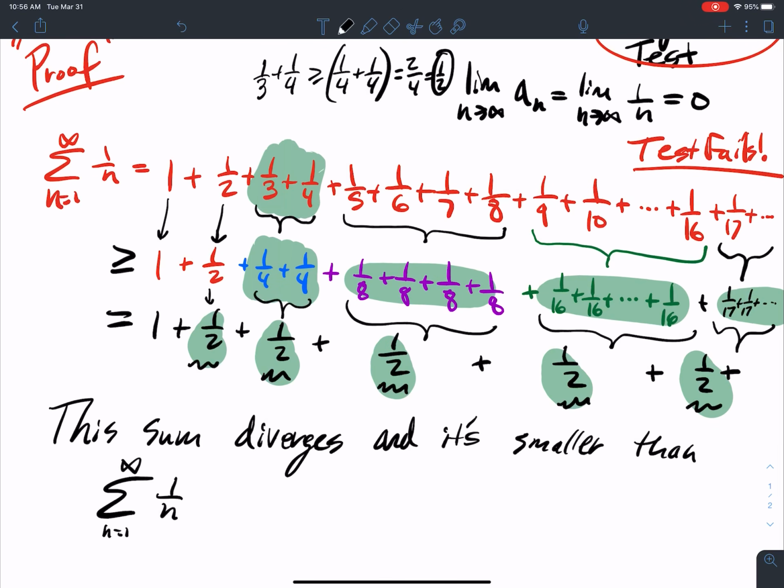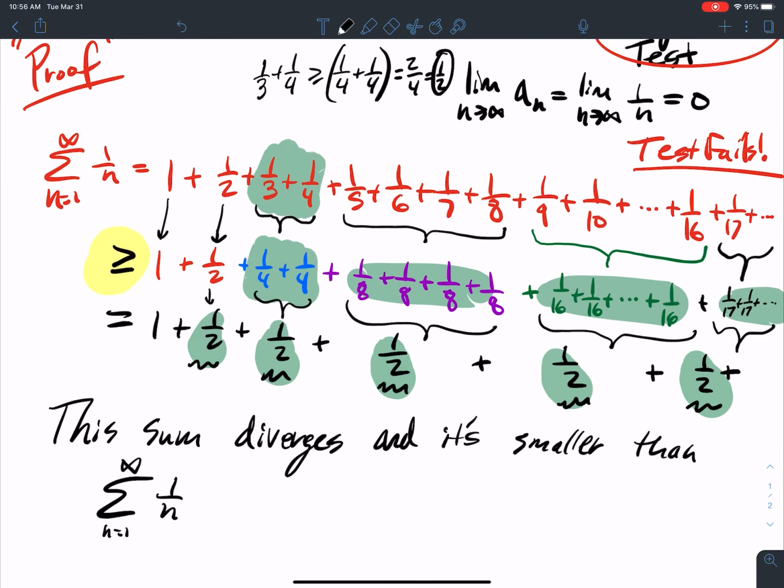Okay? So this thing, which we found is actually smaller, that's smaller than the one above it. And if the small one diverges, by golly, we know for sure that the bigger one is going to diverge.